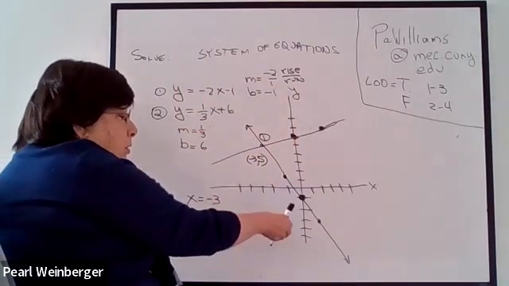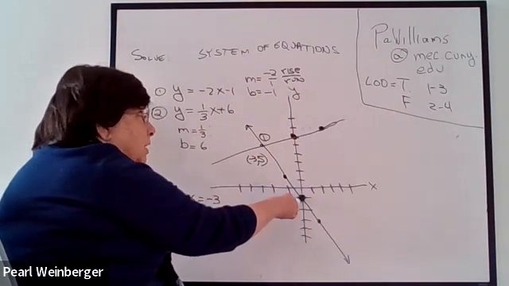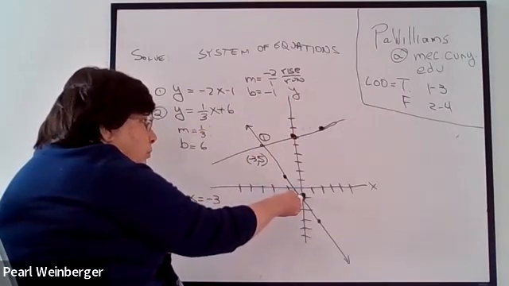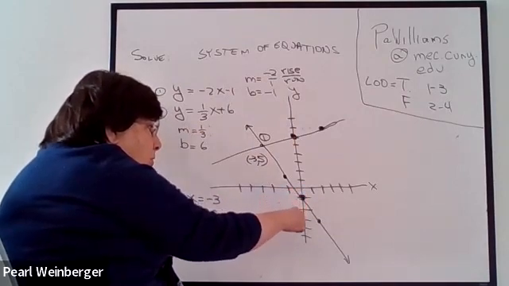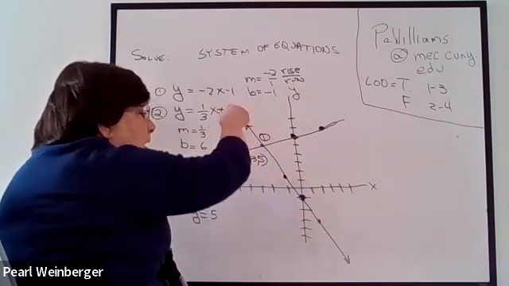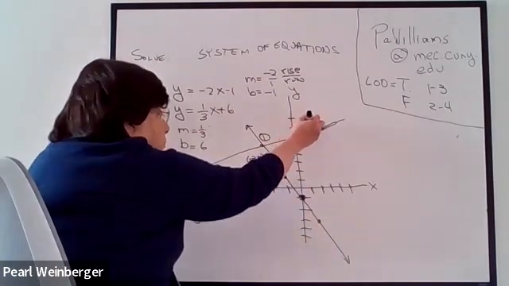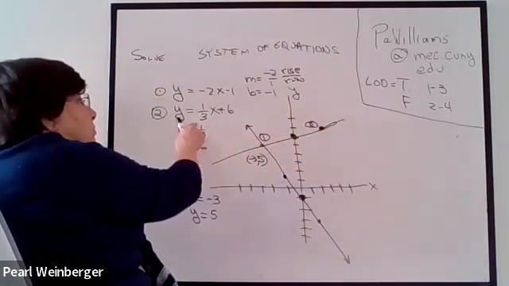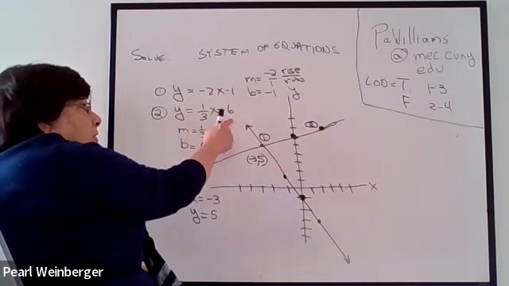Notice what you do on the Delta Math is you first click on the negative 1 on the y-axis, and then from there you go down 2 over 1 and click on your next point, and it'll draw the line for you. The same thing it'll do for the second line, which has a slope of 1/3 and a y-intercept of 6.